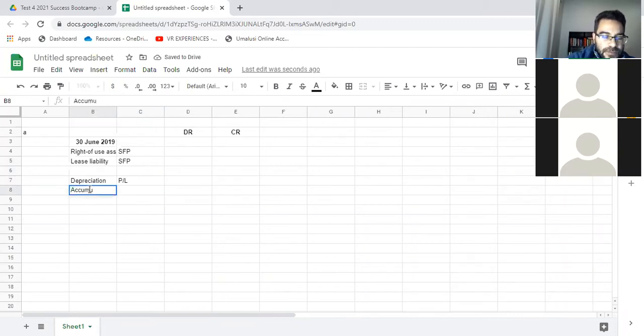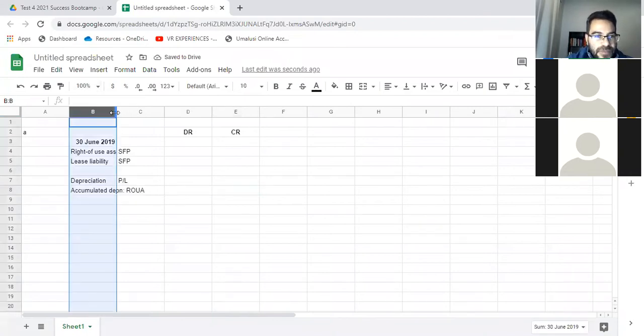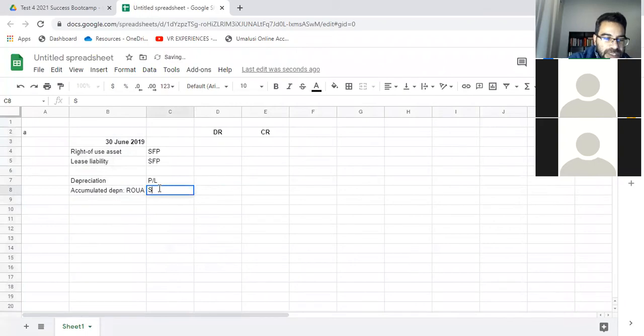accumulated depreciation, right of use asset. You obviously have to write in full. I don't have to because I'm not writing an exam. Okay, so SFP. The next journal entry would be relating to the lease liability. For the lease liability, we are making a payment, so we're going to credit bank, SFP.